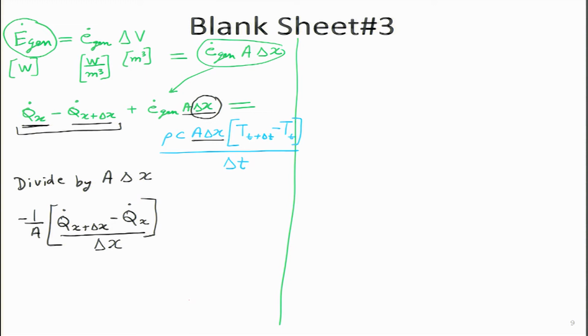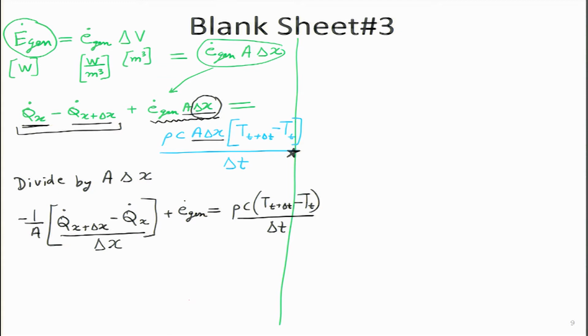Does it look okay? Now, this third term over here, which I am underlining, becomes a very neat term, E dot gen. And the last term on the right hand side turns out to be rho C times the difference of two temperatures, T plus delta T minus T, divided by delta T.